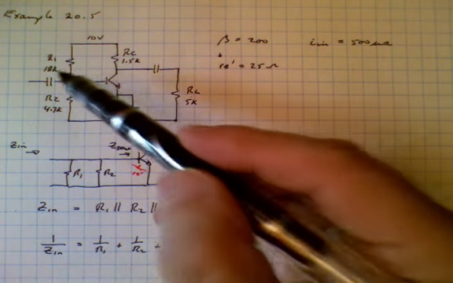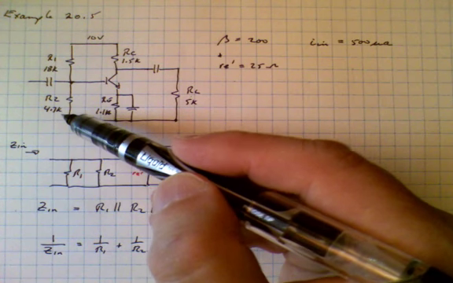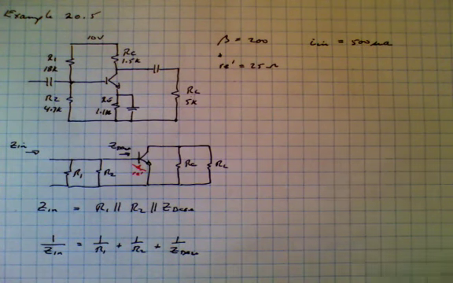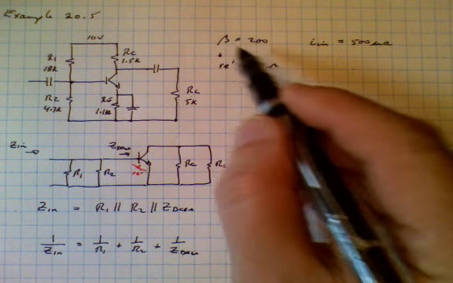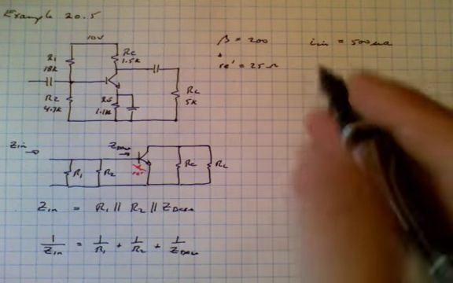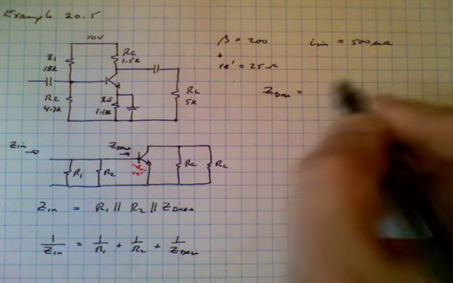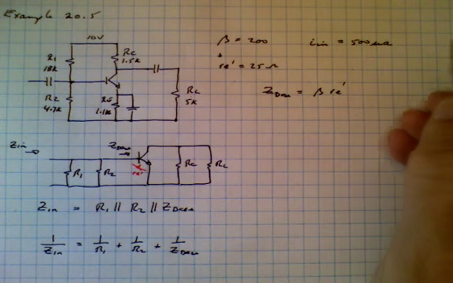Now we know what R1 is, it's 18K. We know what R2 is, it's 4.7K. What we don't know yet is what Z base is. Well, we should remember, hopefully, that Z base depends upon these two characteristics of beta and Re. So Z base is equal to beta times Re prime.